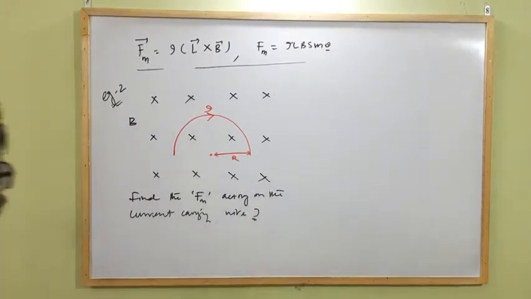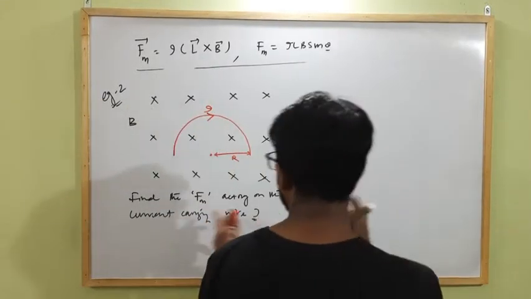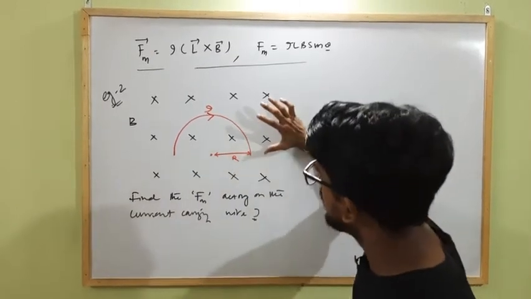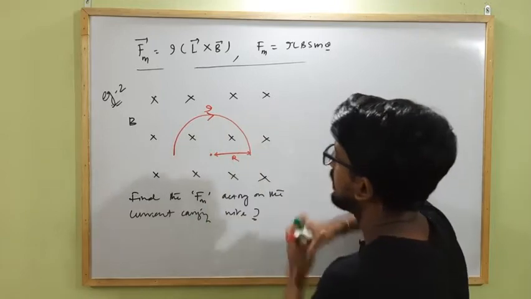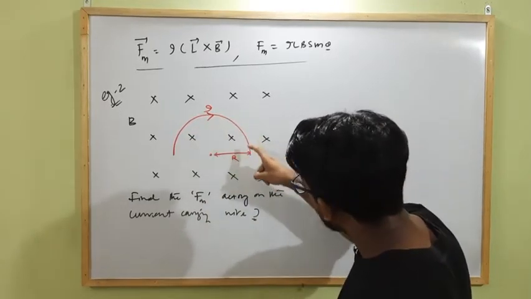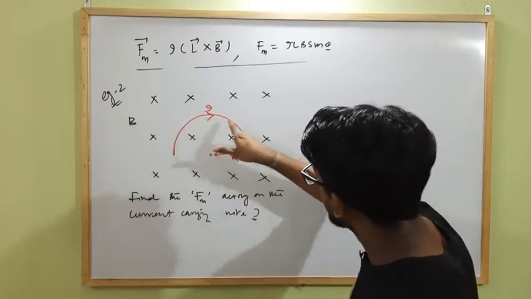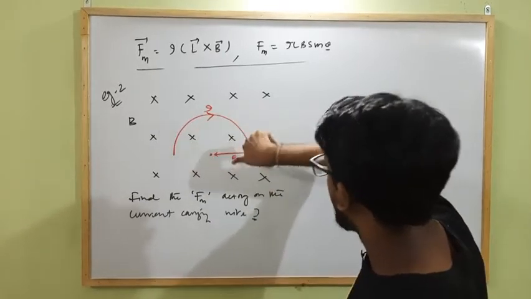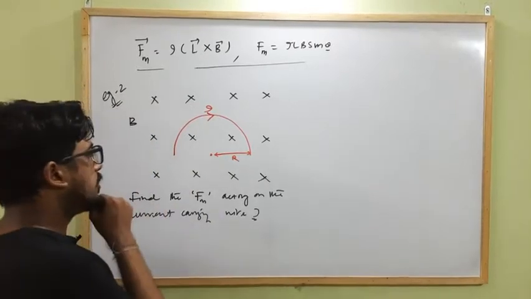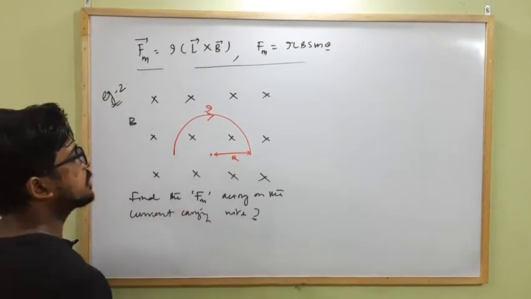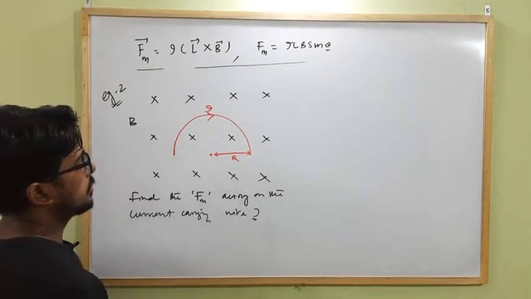Okay, so now how to find out the net magnetic force acting on this current carrying wire? As this is a uniform magnetic field directed into the plane, and within this current carrying wire, current is flowing in the clockwise direction. So what is the magnetic force acting on this current carrying conductor?